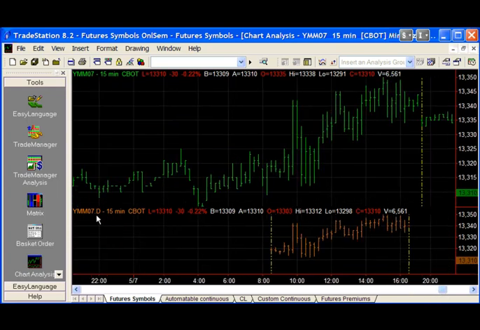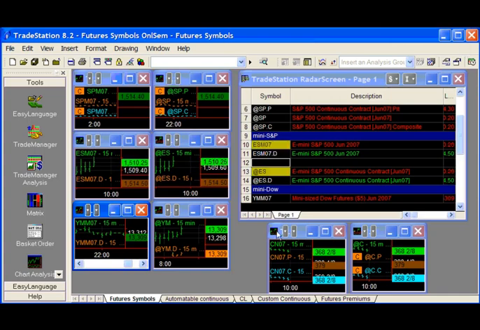And then the YMM07.D just yanks out the part of the session that occurs in those hours deemed to be daytime, in this case 7:20 to 3:15 Central. Continuous contracts the same. I'll supply you with all these workspaces if you'd like to see them, and I'll mention that afterwards, that we'll make all that available.